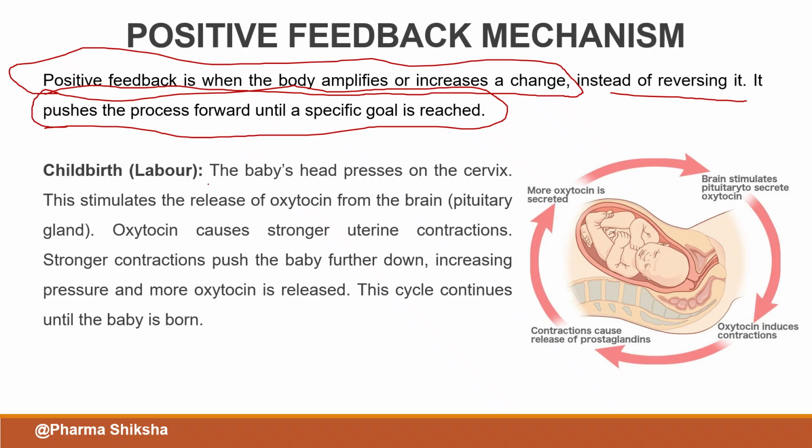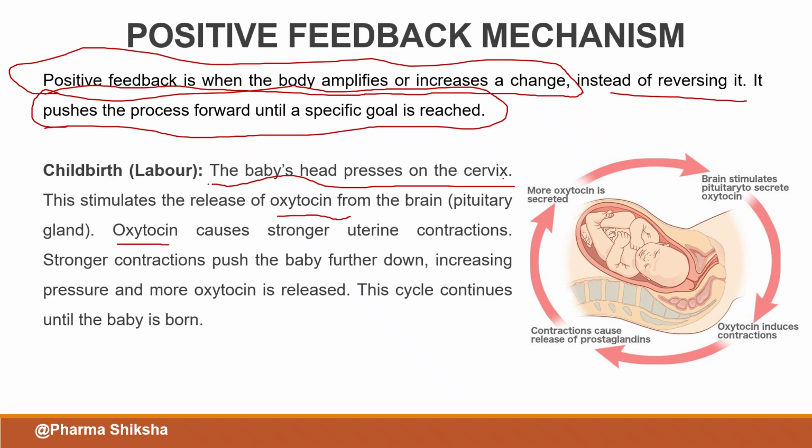During childbirth, the baby's head pushes on the cervix and there are baroreceptors there. Receptors send the signal to the brain, and the brain gives the signal to the hypothalamus and to the pituitary gland. So the pituitary gland releases the oxytocin hormone. Oxytocin enters the systemic circulation.